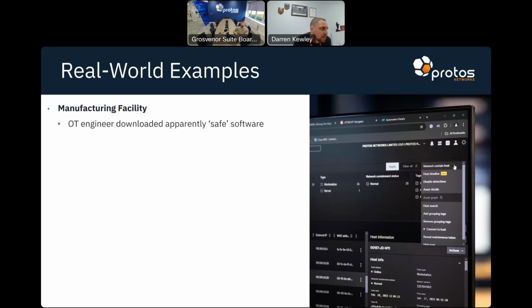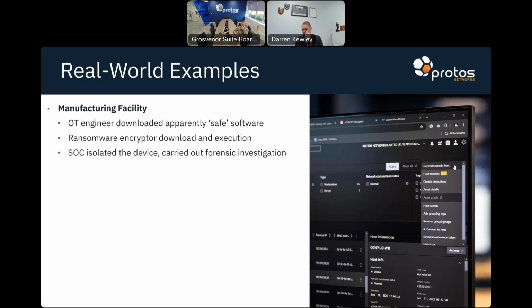So the first one was from a manufacturing customer, and I think it was mid last year. They have had an endless problem that we're trying to work with them on, in their initial preparation for a cyber attack phase: their OT engineers and their industrial engineers having local admin rights on machines on their manufacturing lines, to download stuff and install software.